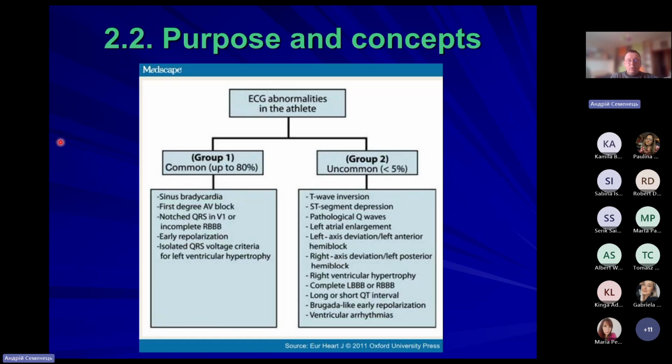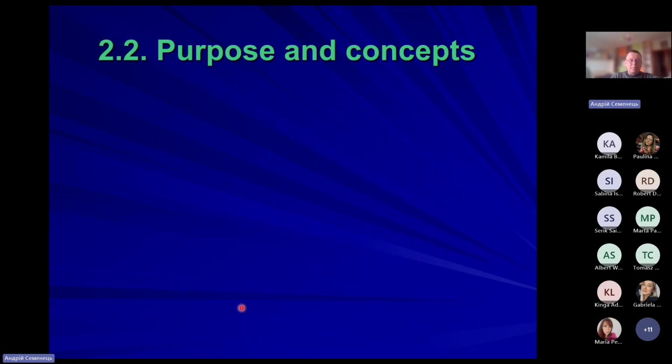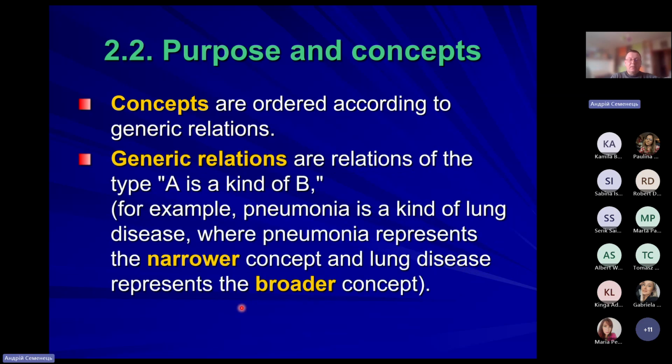In the case of abnormalities of ECG, we also have many aspects here. Here is only one example, abnormalities in the rhythm, and here we have two groups, listed as common and uncommon diseases. Each one again could be arranged in more complex classification systems. So here is only a very simple classification by two groups, just to make it understandable.